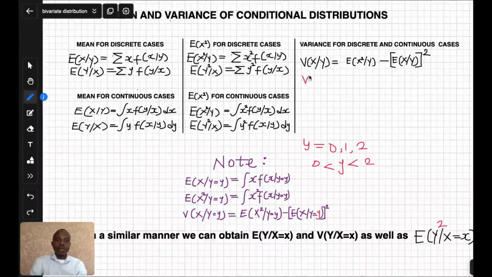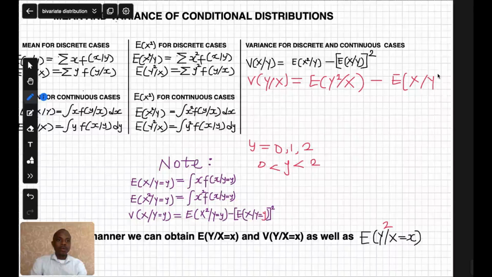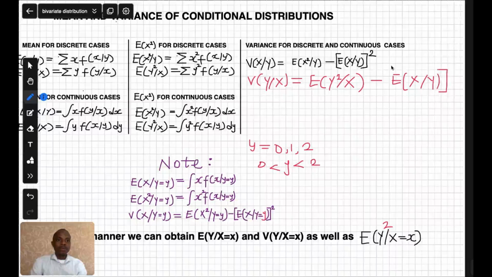So if you wanted to obtain the variance of y, that would be the variance of y given x equals the expected value of y squared given x, minus the expected value of y given x, everything squared.